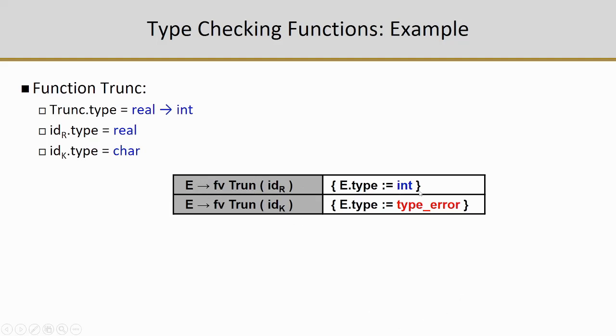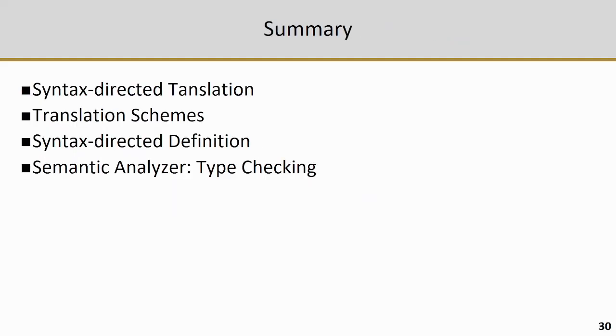If we check its type, it will be integer. Otherwise, if we, for example, place a character here and send it to the function, then it cannot calculate its value and results in a type error.